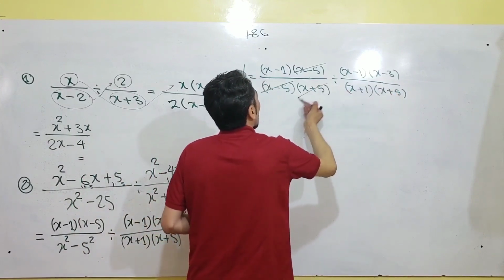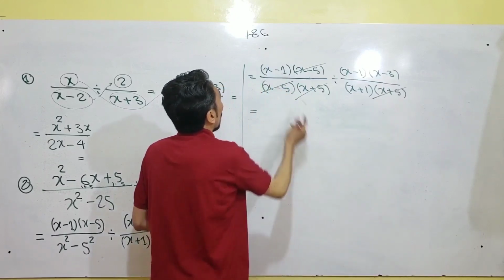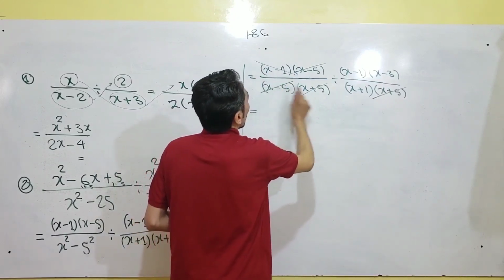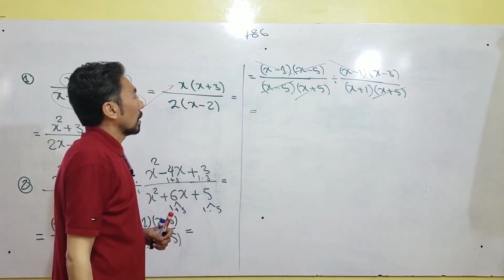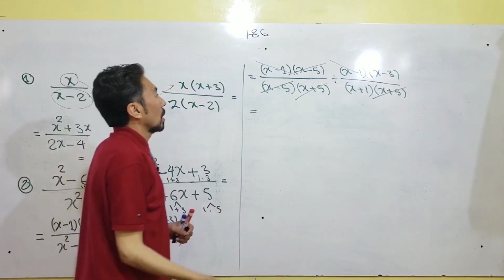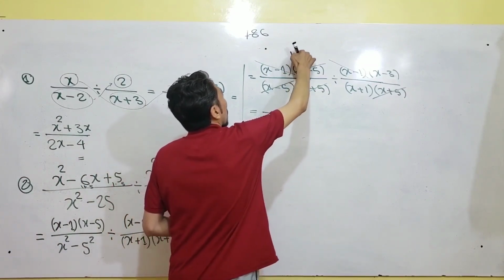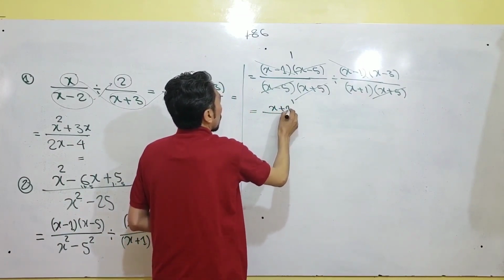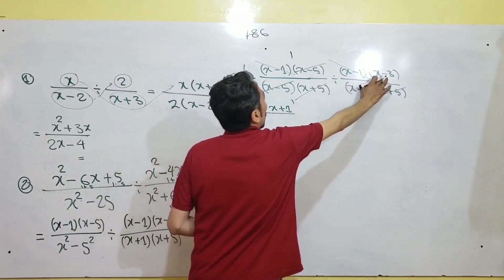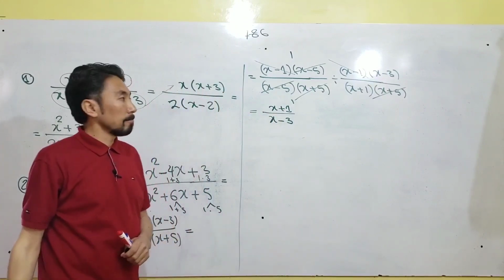For example, x plus 5 divided by x plus 5. Also here, x minus 1 divided by x minus 1. The other thing is impossible to divide, so we directly multiply 1 multiplied by x plus 1, x plus 1, 1 multiplied by x minus 3. The result is x minus 3.